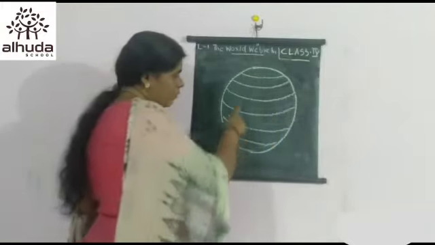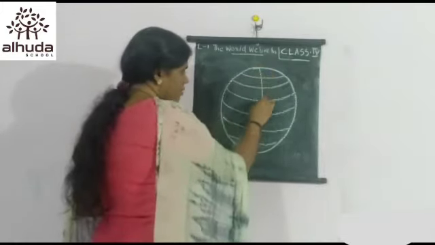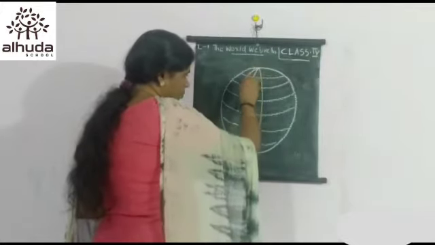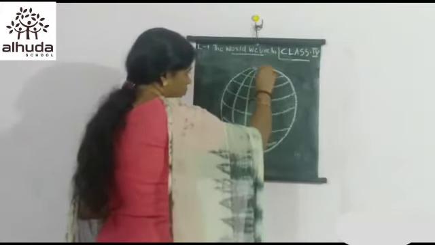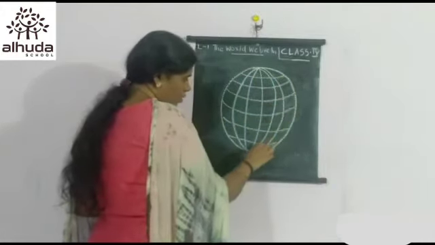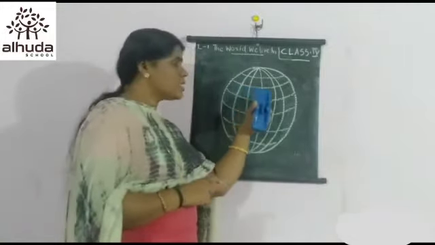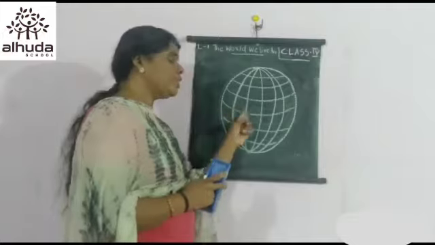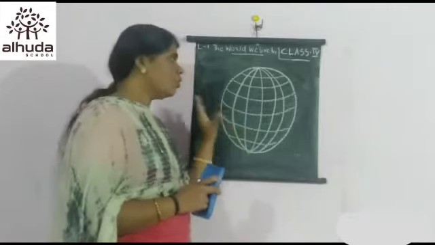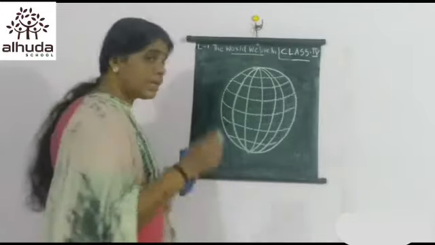Have you seen this type of lines drawn on a globe? Yes, and in this way also. This type of lines you can see on a globe, but actually they are not there. If we want to locate a place, we should know the longitudes and the latitudes.